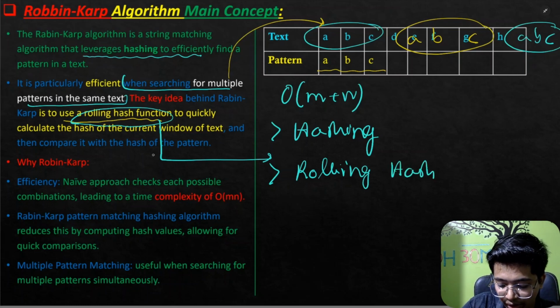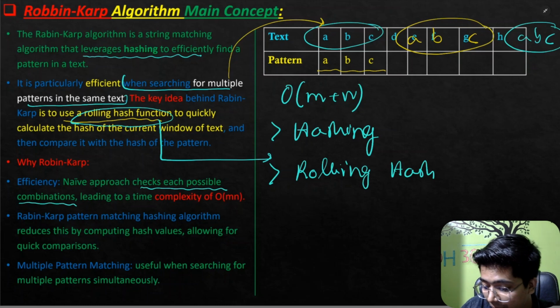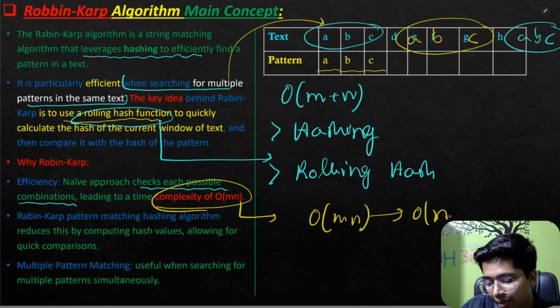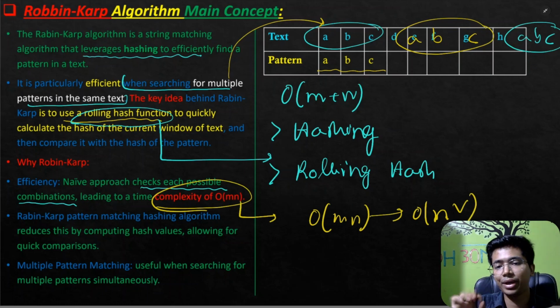Now there is the reason why Rabin-Karp. The naive approach checks each possible combination, leading to a time complexity of big O of m cross n. As I told you, it takes a time complexity of big O of m into n, which can also be called big O of n square or m square, you can call it anything.